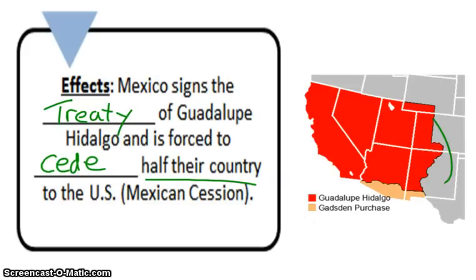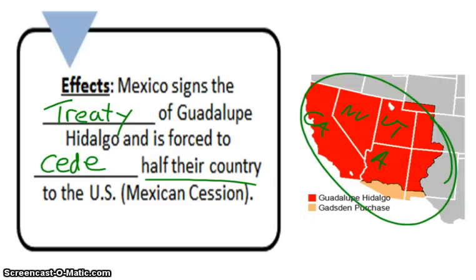This big, huge chunk of land where we get the states of California, Nevada, Utah, Arizona, and New Mexico, even parts of Colorado. This whole big part of the country we call today the Southwest was part of the Mexican Cession. And this is all land that we took from Mexico by fighting the Mexican-American War.